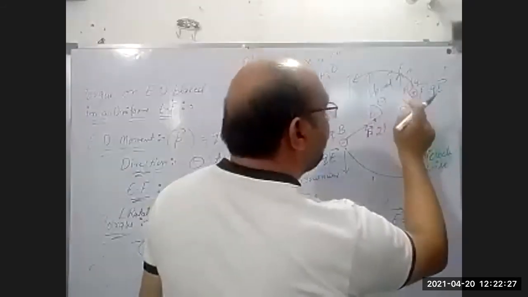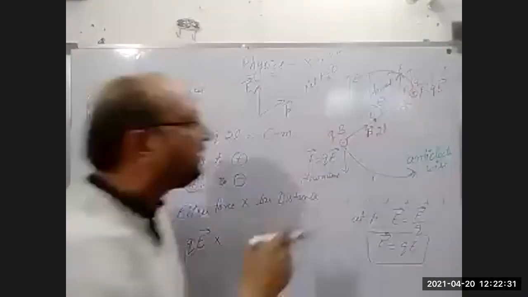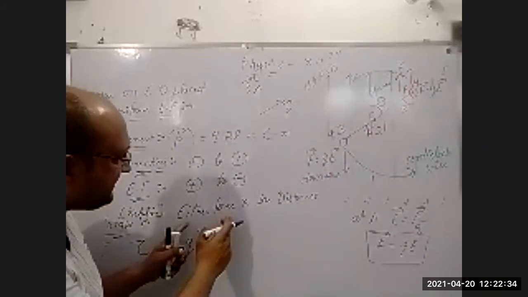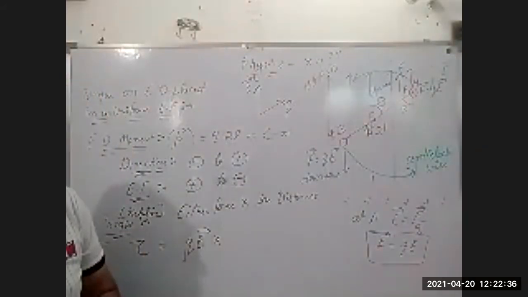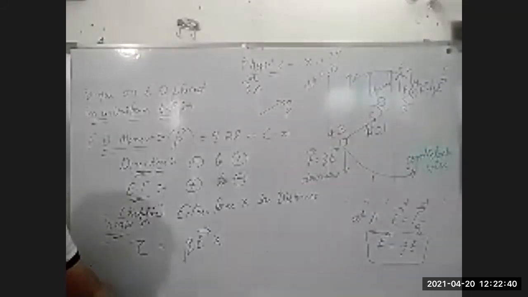The perpendicular distance is the shortest distance between these two forces whose lines of action are different.